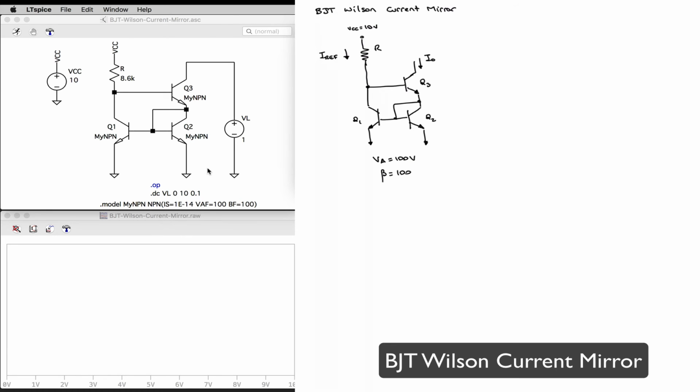If I wanted my Iref to be 1 milliamp, then by Ohm's law, Iref is going to be equal to VCC minus, and this is now 2 voltage drops, 2 VBE drops, VBE, and another VBE from here to there.